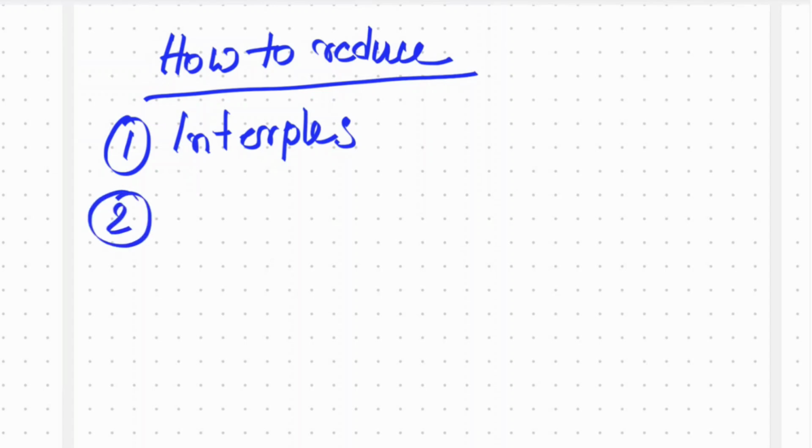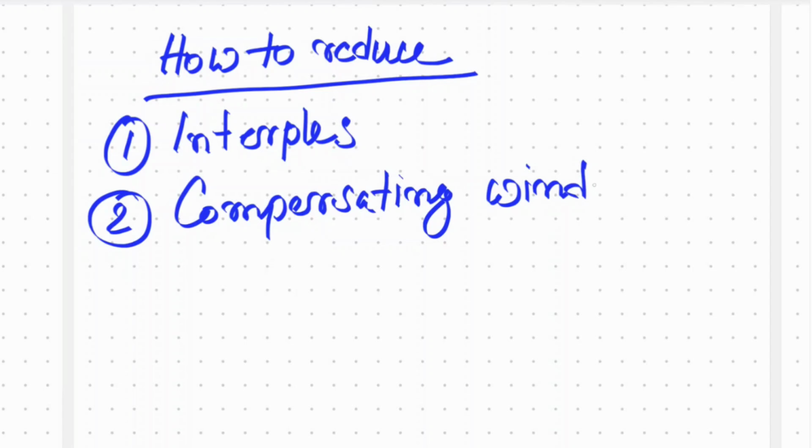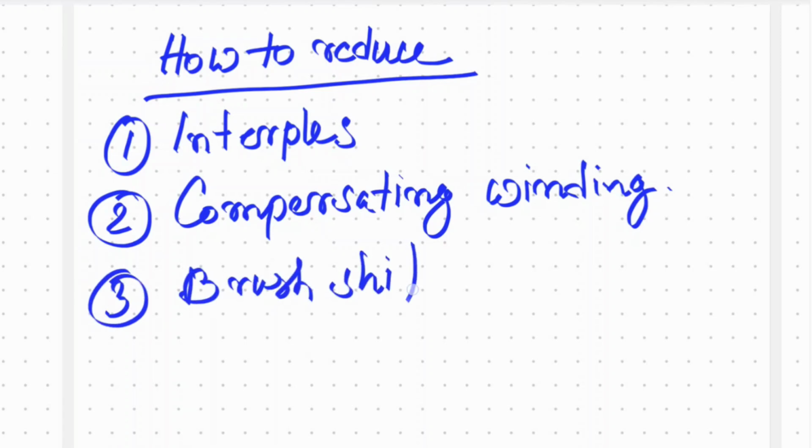Also, by introducing a compensating winding, we can reduce the effect of armature reaction. Third is by using brush shifting. So this is all about armature reaction: what it is, what its effect is, and how to reduce it.